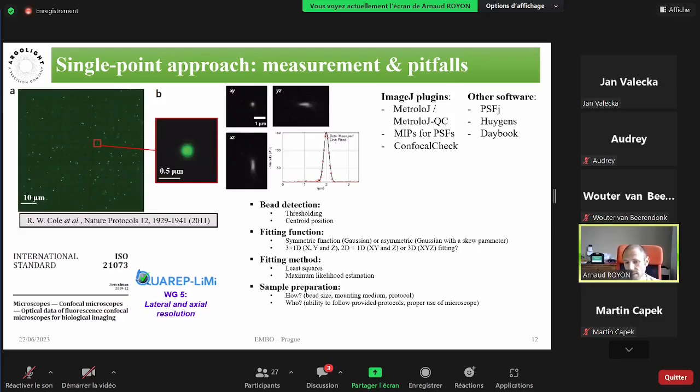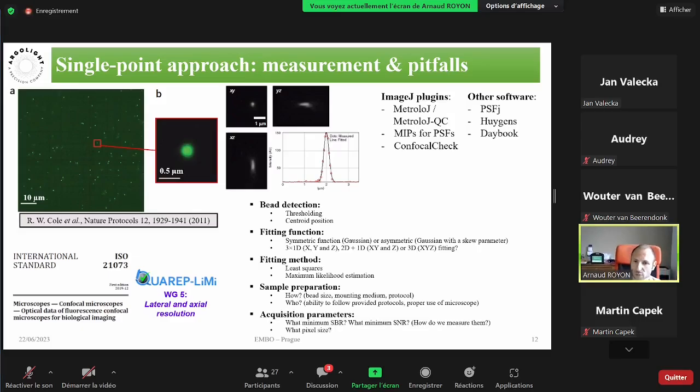Preparing the sample is very important, as you may think. How you prepare the sample matters, for example, what size of beads you are going to use, what mounting medium, what protocol you are going to follow, and who is going to prepare these beads. Does he have the ability to follow protocols, or does he know how to use your microscope properly?